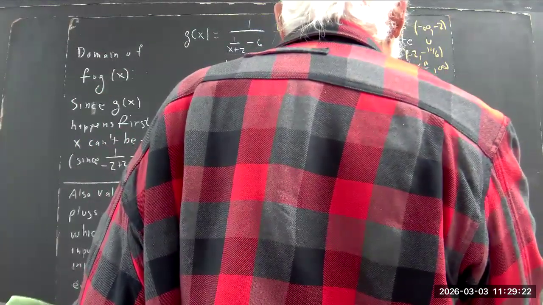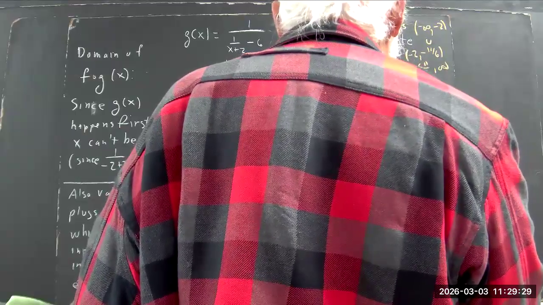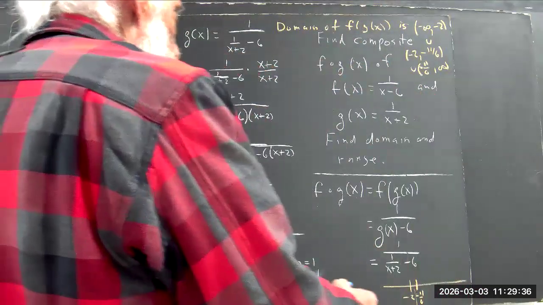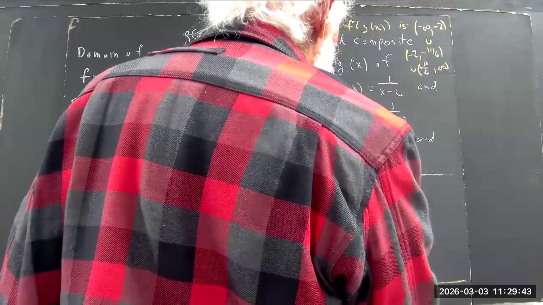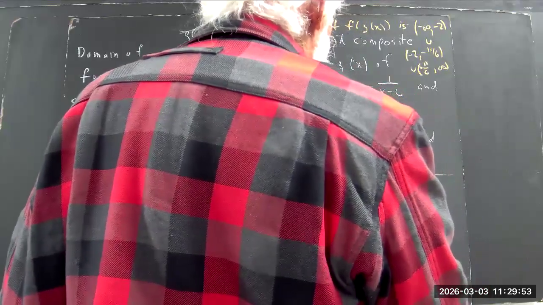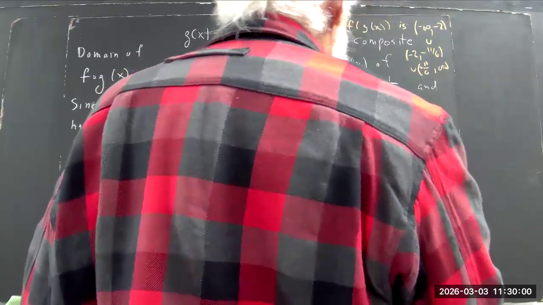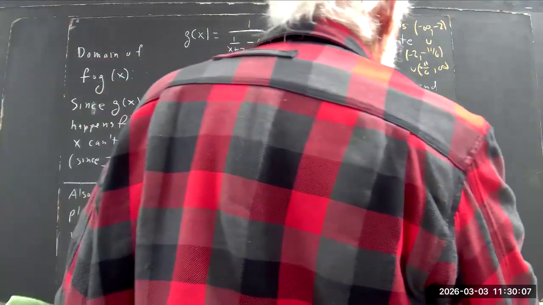Okay, but it's negative 11 over 6. So the domain is everything to the right of negative 11 over 6, everything to the left of negative 2, and everything between negative 2 and negative 11 over 6, but with open circles around x equals negative 2 and x equals negative 11 over 6.